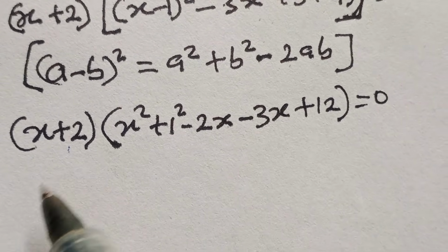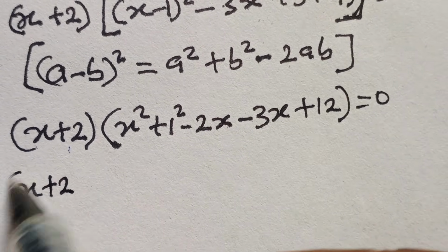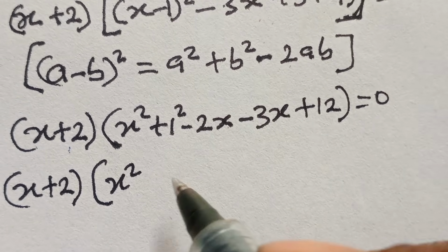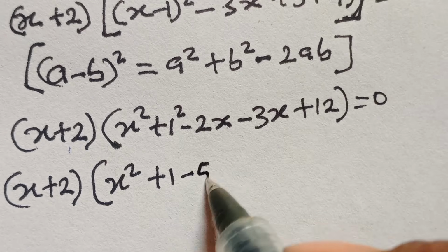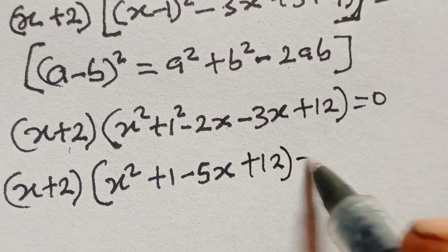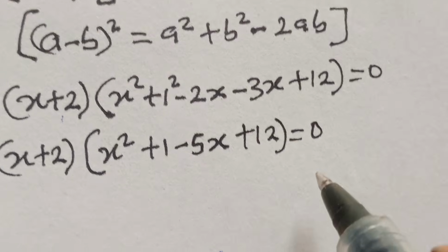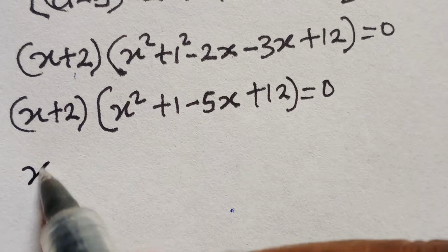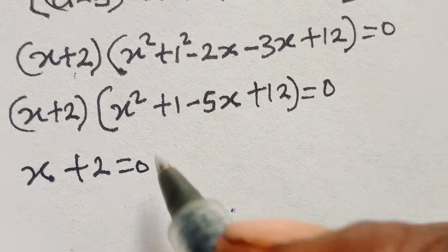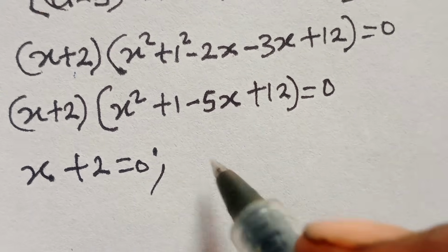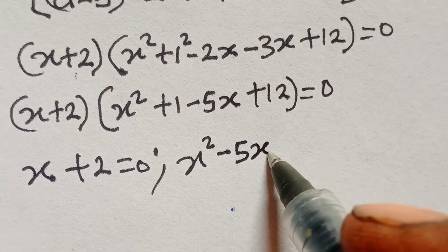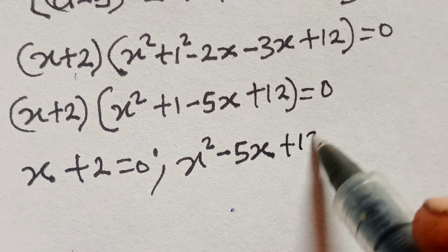Therefore, (x plus 2) into (x squared plus 1 minus 5x plus 12) is now equal to 0. From here, it shows that x plus 2 is equal to 0, and x squared minus 5x plus 13 as well.